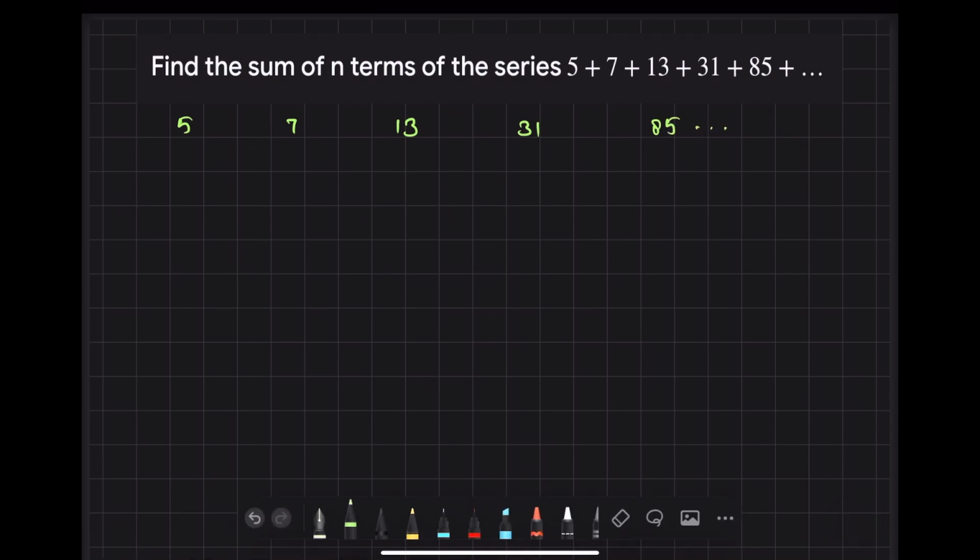So we have to find the difference. The first differences are 2, 6, and then 18, and then 54. Correct?